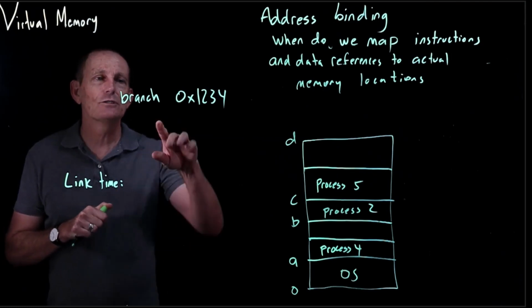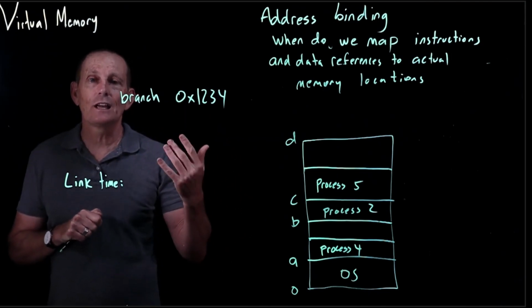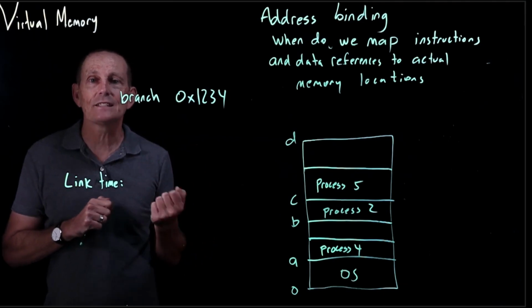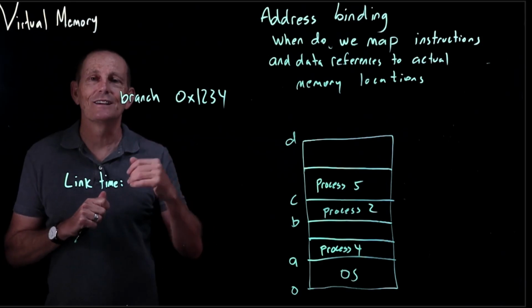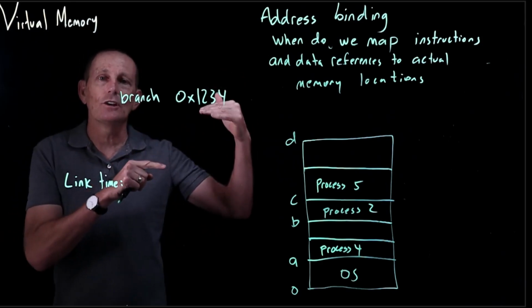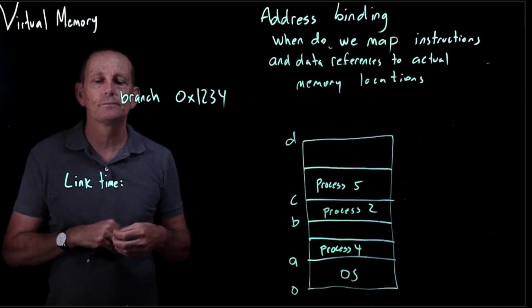So addresses are used both for branch and call instructions, as well as for, let's say, global variables and things like that. The stack's not an issue because the stack is always going to be using addresses relative to the stack pointer. And so if we had a stack at a different location, all it would have to do is just change the value of that stack pointer.